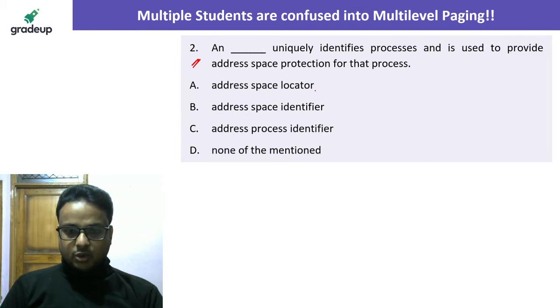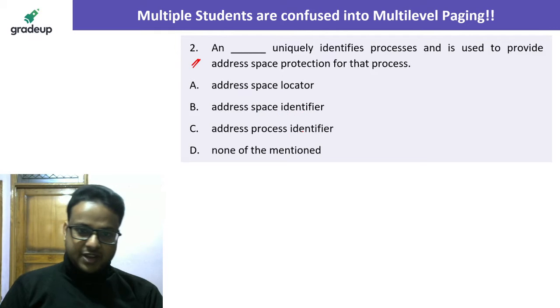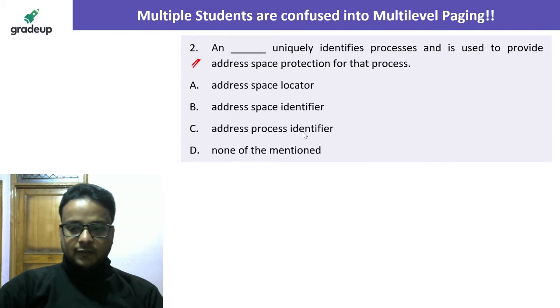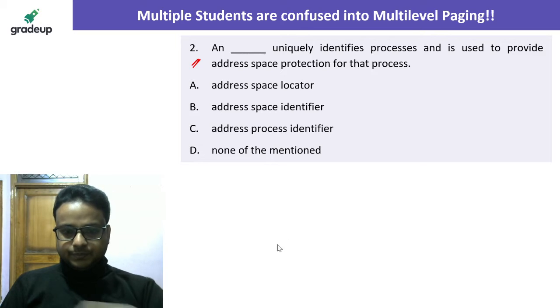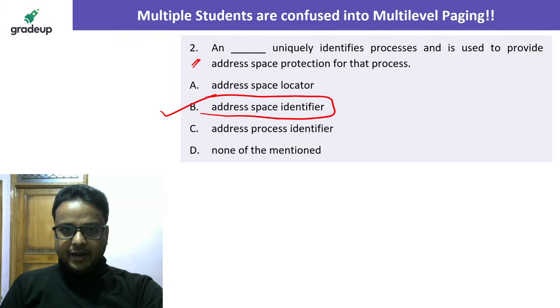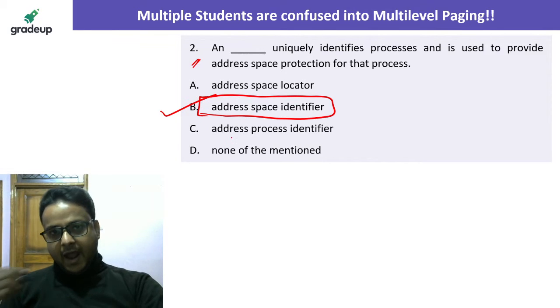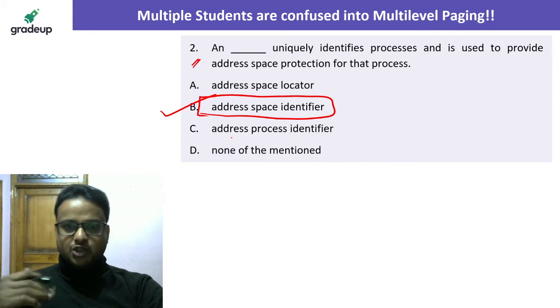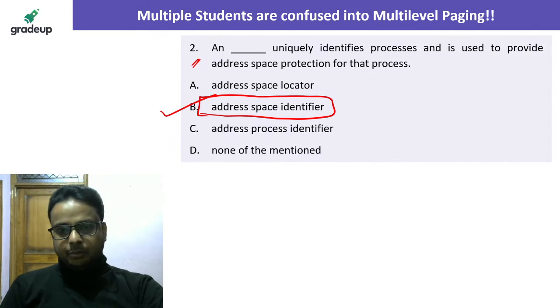Address space locator, address space identifier, address process identifier, or none of the above. The answer will be option B, address space identifier. Basically, this uniquely identifies the address space of each process, so that you can protect your address spaces and processes.